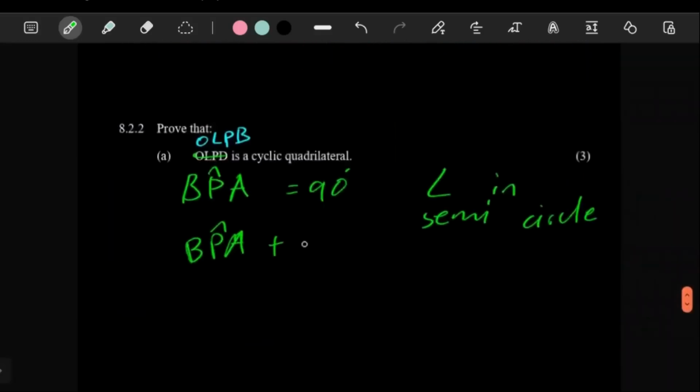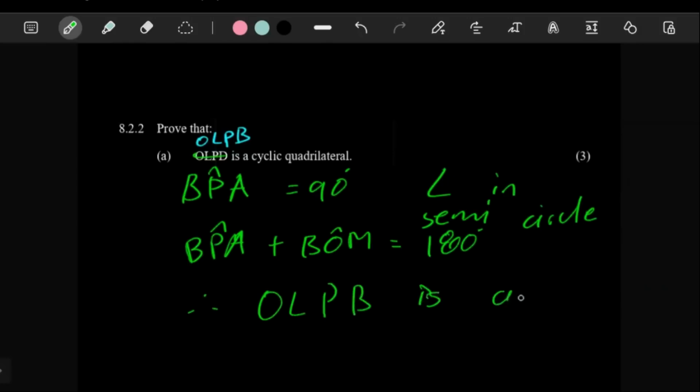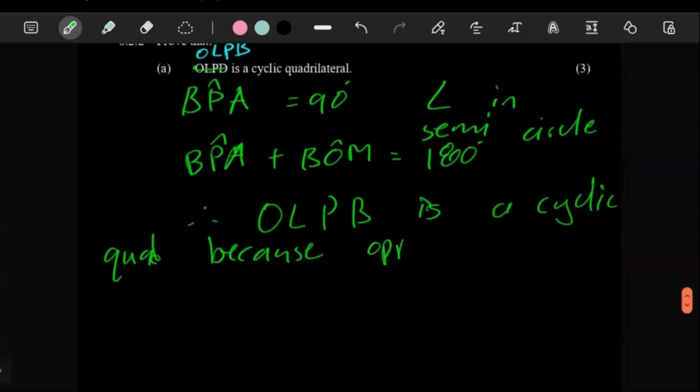That's BOM, right? If you add this up, they should give you 180 degrees. So here you can say therefore OLPB is a cyclic quad because opposite angles are supplementary.